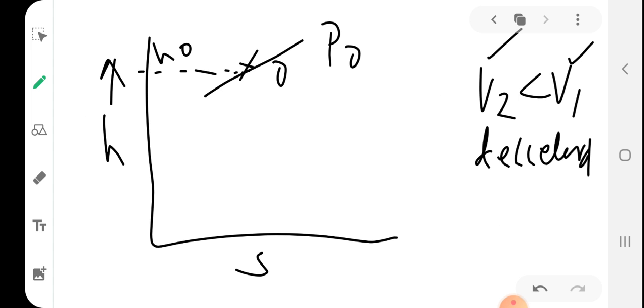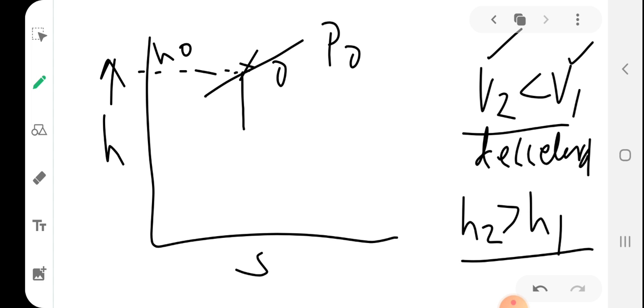So what will be the relationship between the static enthalpies? H2 will be greater than H1. If V2 is less than V1, H2 is greater than H1. So 2 will be closer to H0.